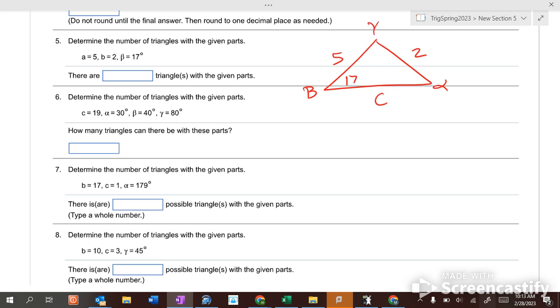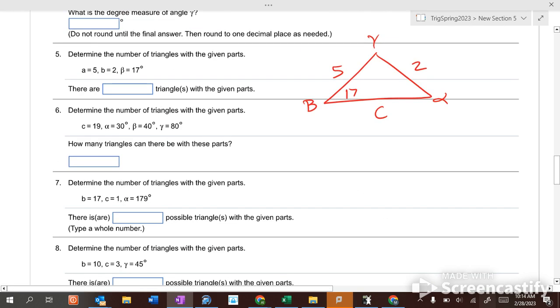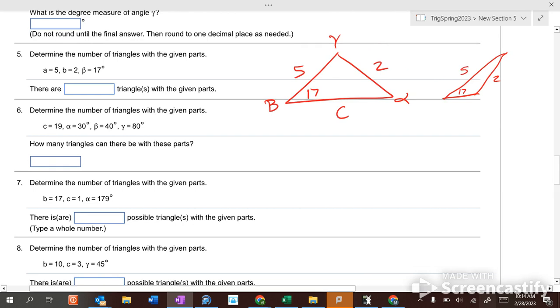You definitely will have one triangle like this. Could you possibly have one that looks like this, an obtuse triangle? To figure that out, you have to use the law of sines to figure out if this makes any sense, or if this would be too big of an angle to make a second triangle.